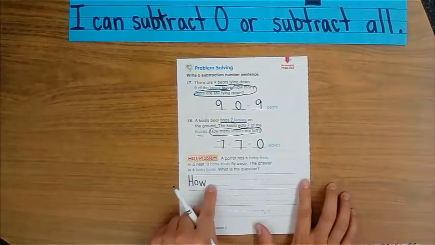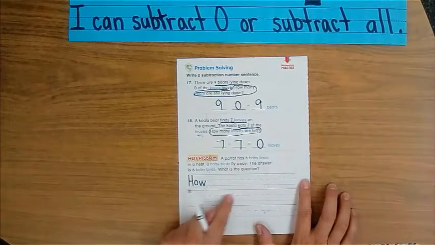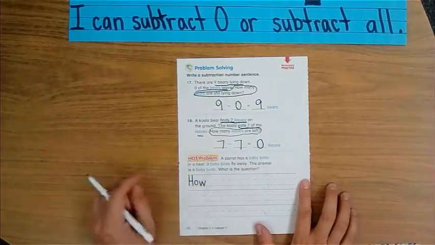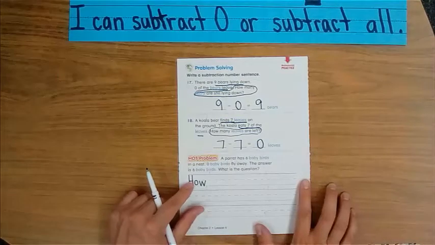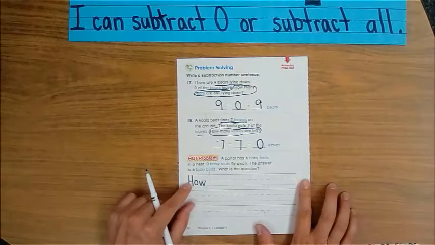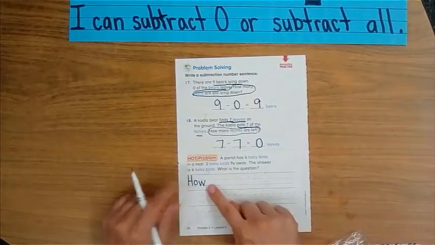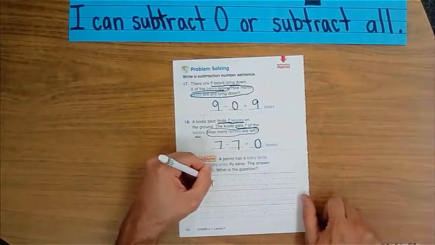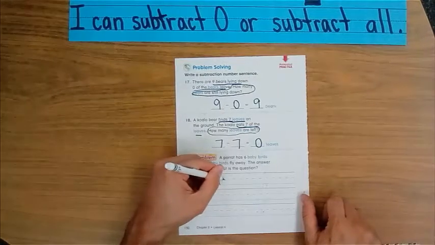The blue line is my bottom line, and then my black line is the top line, and the dotted line is my middle line. So try to stay within those lines. And it says how, and then I'm going to put finger space, many. I'm going to write the word many.